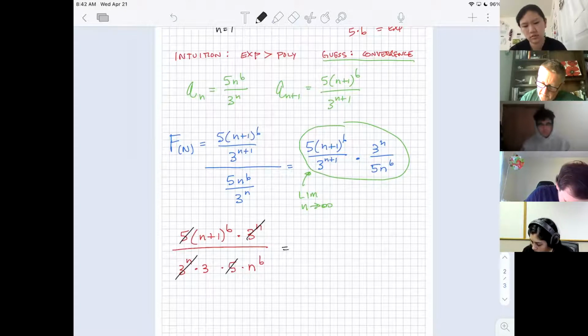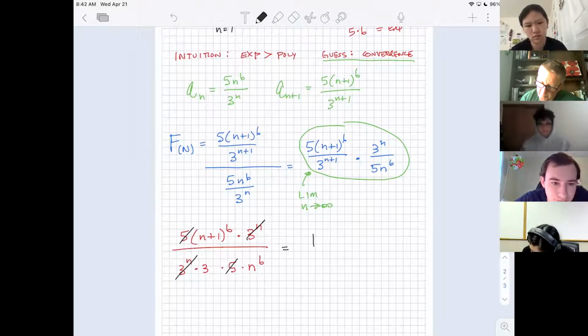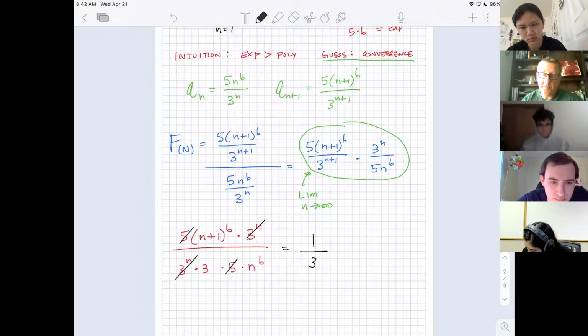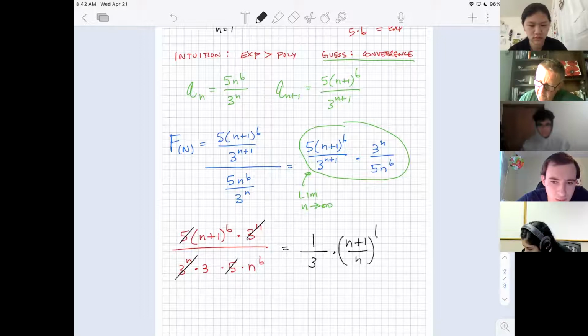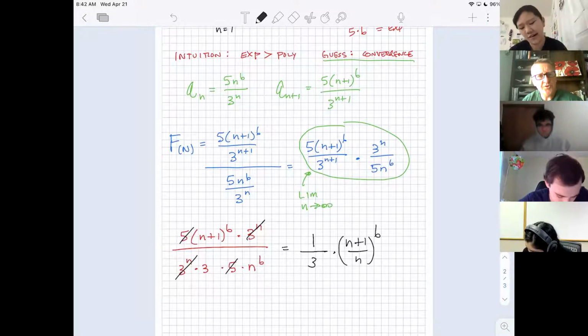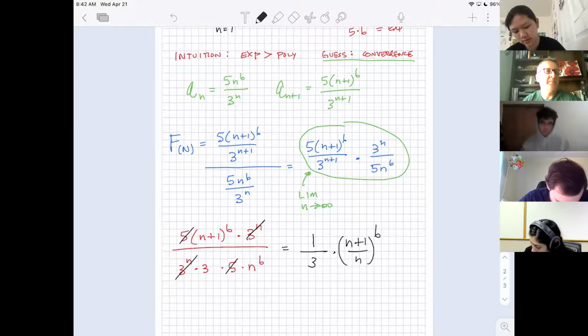But since both, so there's a 1/3, since both n plus 1 is to the 6th and n is to the 6th, can't you rewrite that as n plus 1 over n, kind of all to the 6th? There's again another algebra concept that you should understand, but watching me do it might be like, oh yeah.